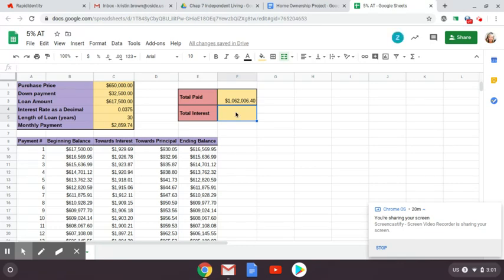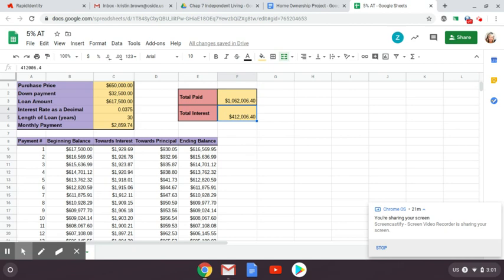So my total interest to the bank was not small. It was $412,006.40. That is how much money the bank made by giving me money to borrow, which actually does make sense, believe it or not.